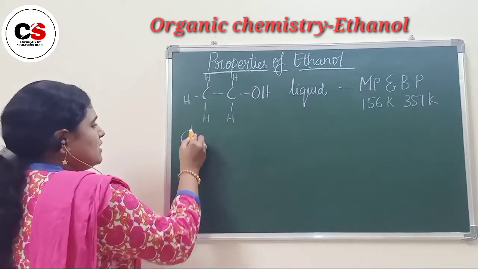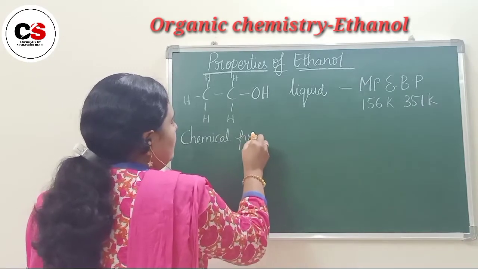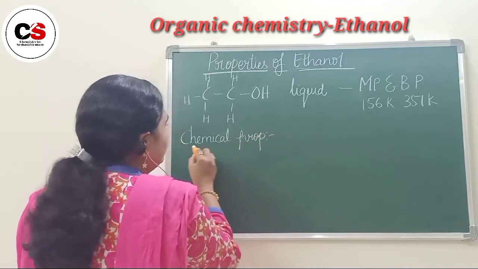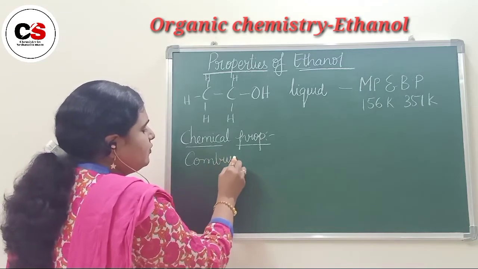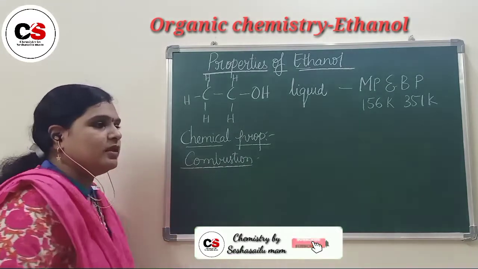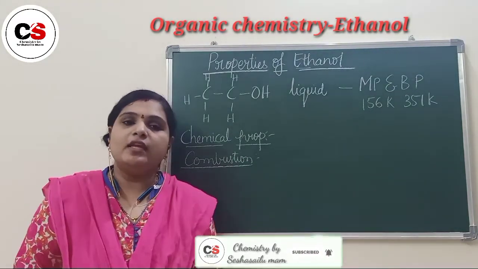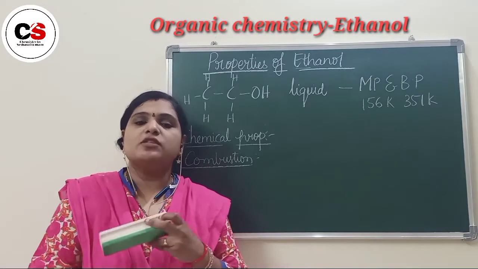First of all, the chemical property that we have to see is combustion reaction. Already in the previous video we have seen the properties of carbon compounds. Combustion means the reaction of any carbon compound in presence of oxygen.